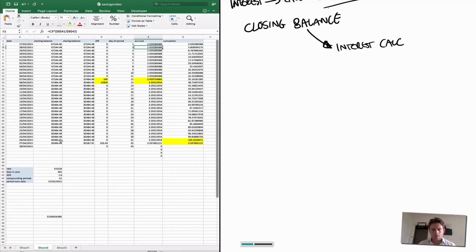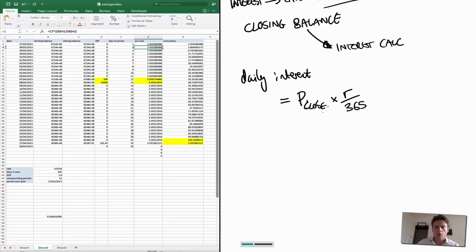So what we're saying is the daily interest equals P close, the closing balance, multiplied by R over 365.